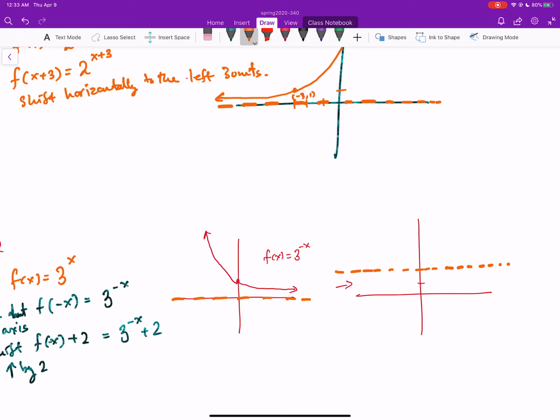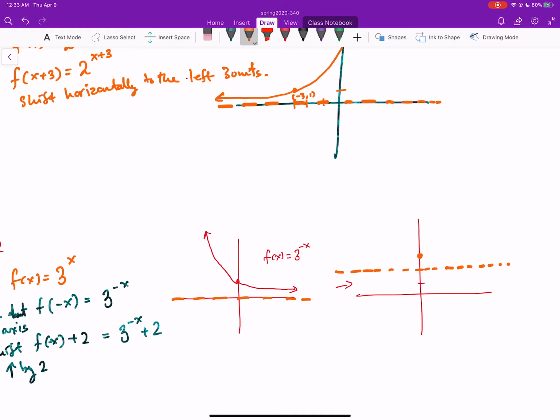And then the point, which was 0, 1, is going to move up 2 places. So it's not going to be 0, 1, it's 0, 3. Did I do that right? Yep.